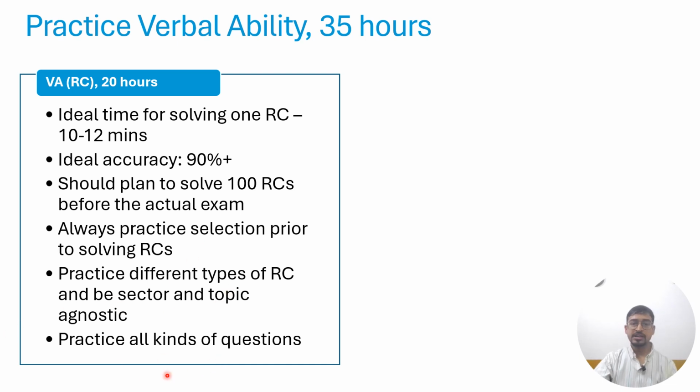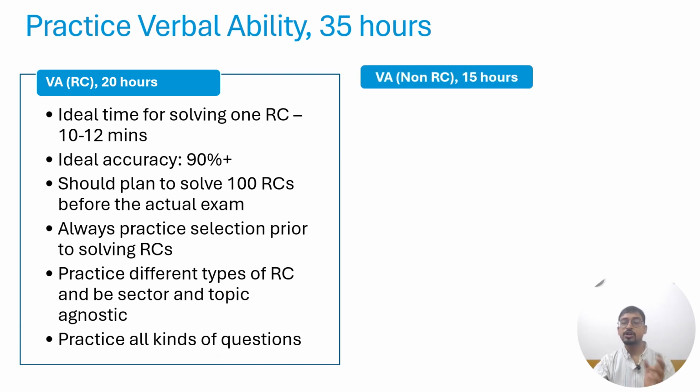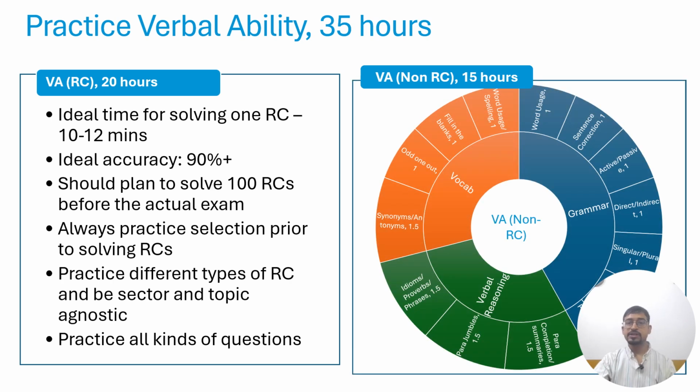All right, continuing, let's look at the non-RC part of the verbal ability section, which does not consist of RC. Here you see a big sunburst graph. What it represents is grammar, verbal reasoning, as well as vocabulary, and the outer circle talks about how much of each kind of questions you can see.